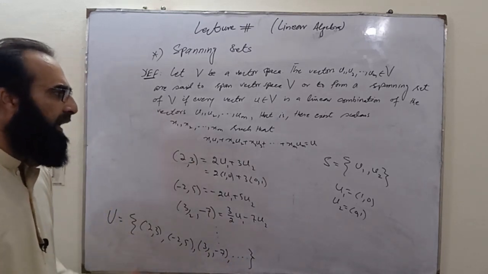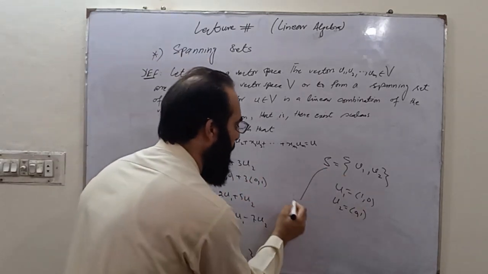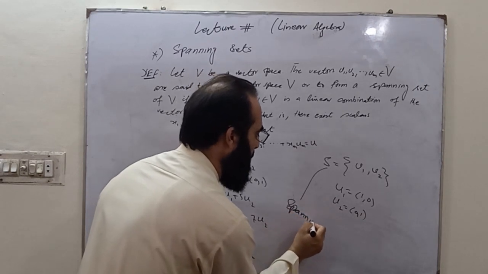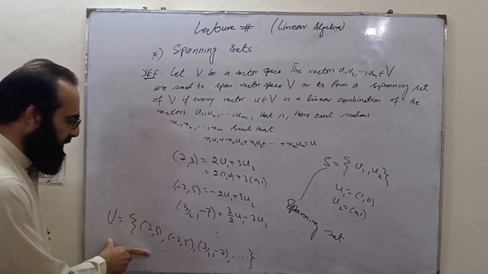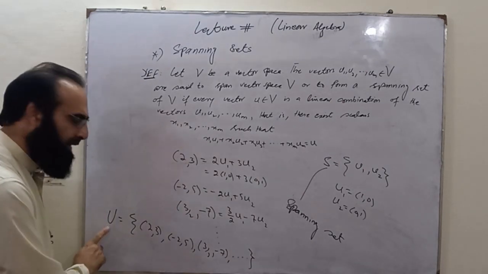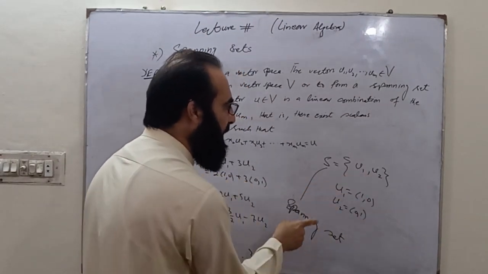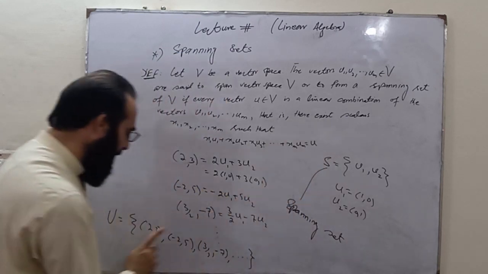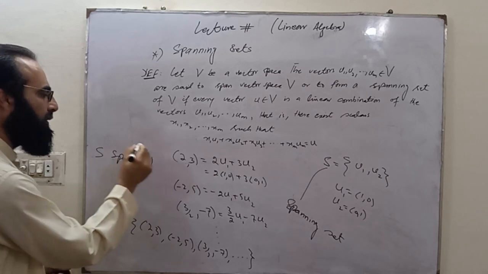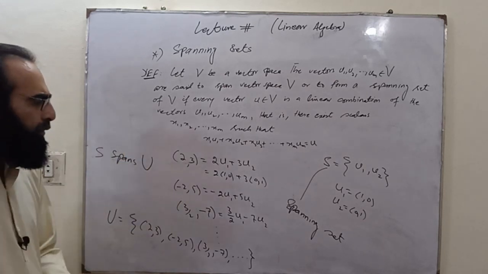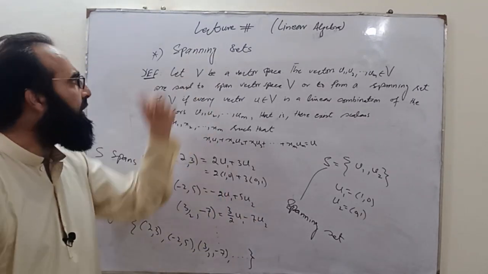Now, we say that this set S is a spanning set for this set U. Since each and every vector of this set U is a linear combination of these two vectors, we say that S spans U. So this is the main basic idea of a spanning set.